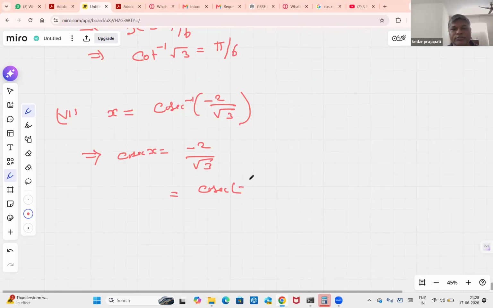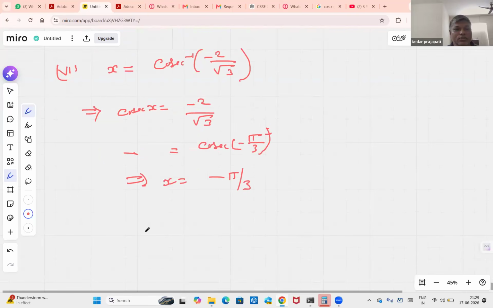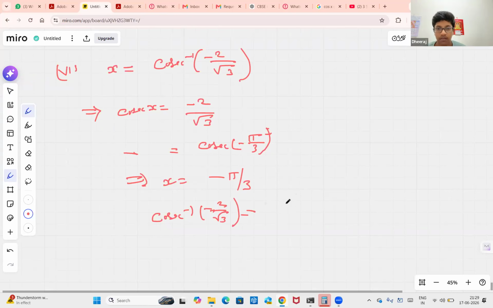So x is equal to minus pi by 3, and this is your answer. You just need to copy: cosec inverse of minus 2 by root 3 is equal to minus pi by 3.